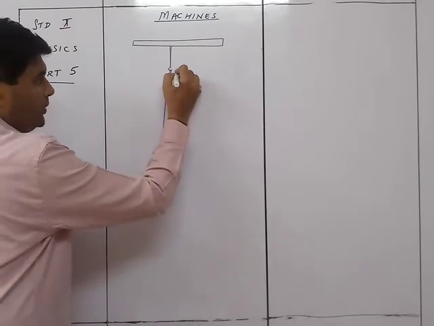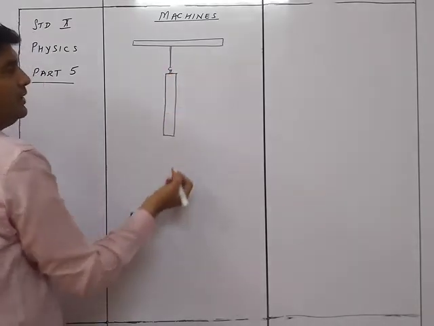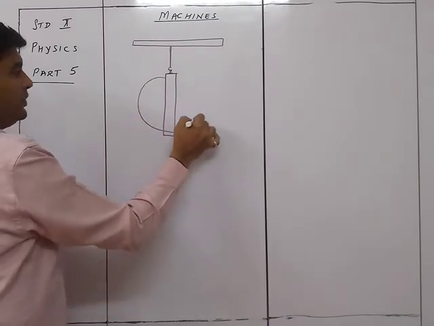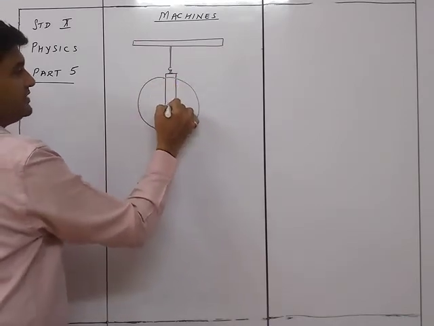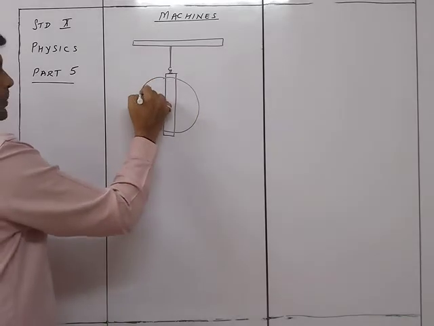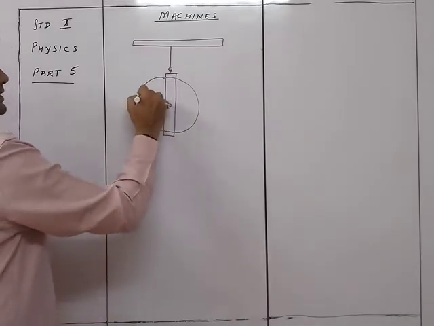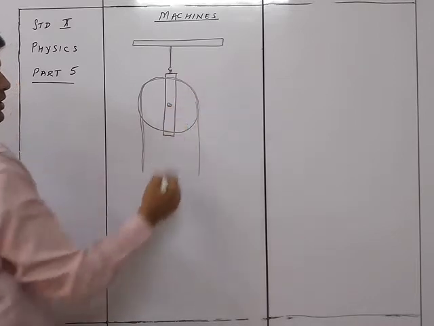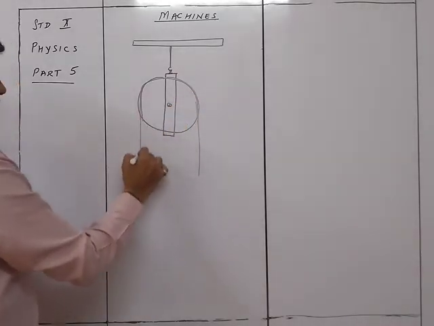So this is the rigid part and this is the pulley, which has its center over here, and the rope is going to be connected like this and coming down like this. So this is how the rope is connected.